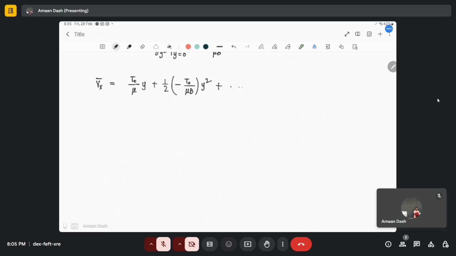Now we can write it in terms of dimensionless parameters as well. Here tau 0 by mu, I can write as 1 by rho times tau 0 by rho times rho by mu. And for y, if you remember how we made it dimensionless, we have V star by nu.